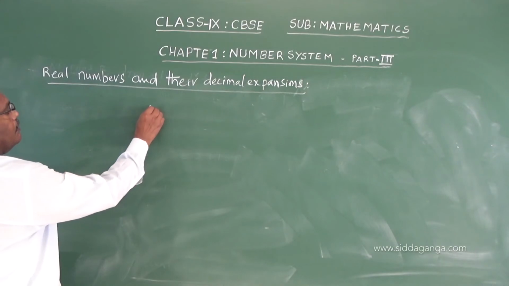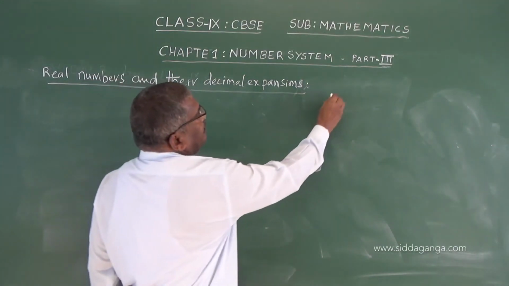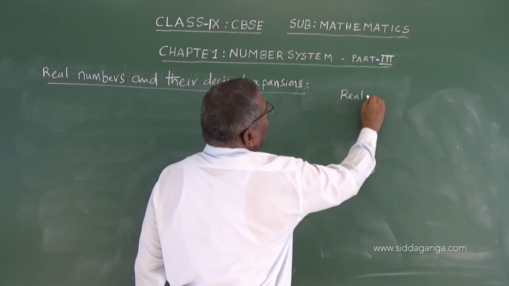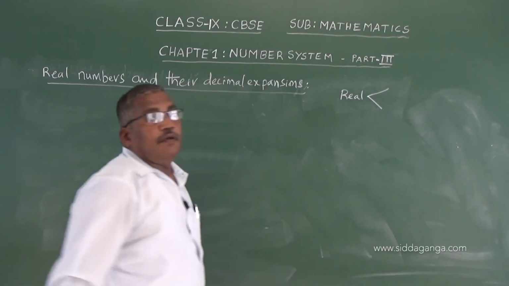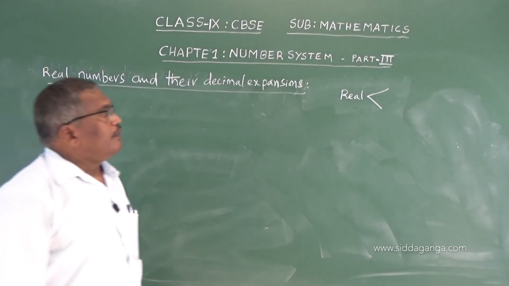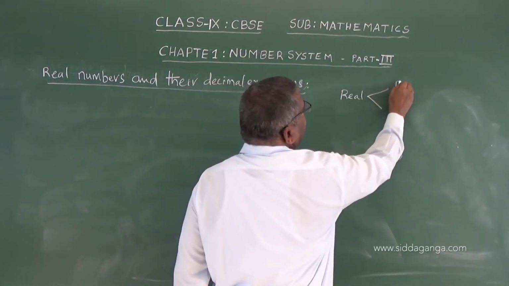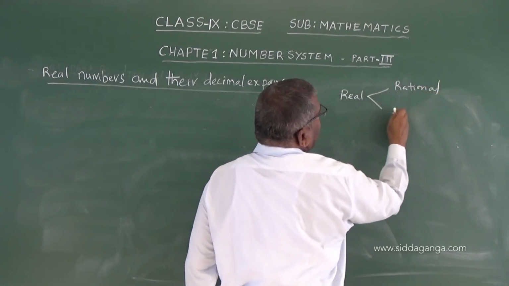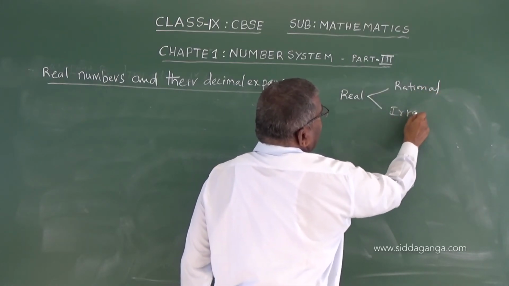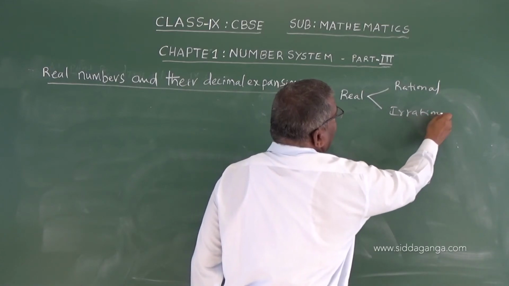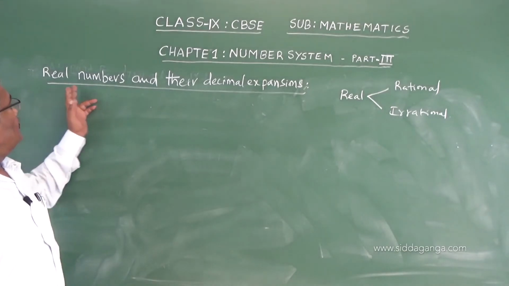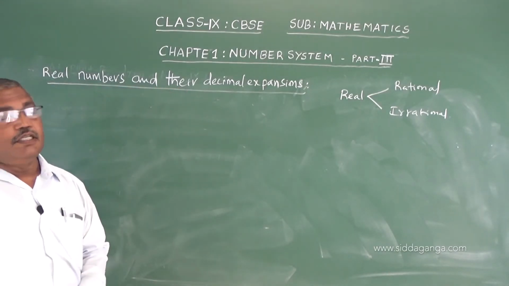So we know that real numbers consist of both rational and irrational numbers. So now the real numbers and their decimal expansion.